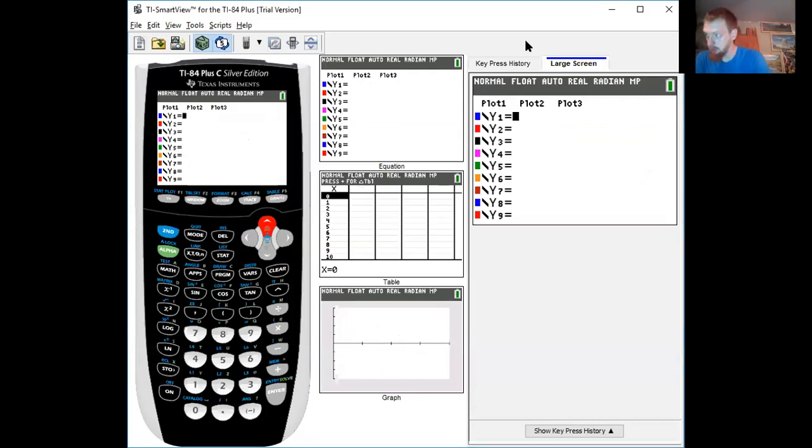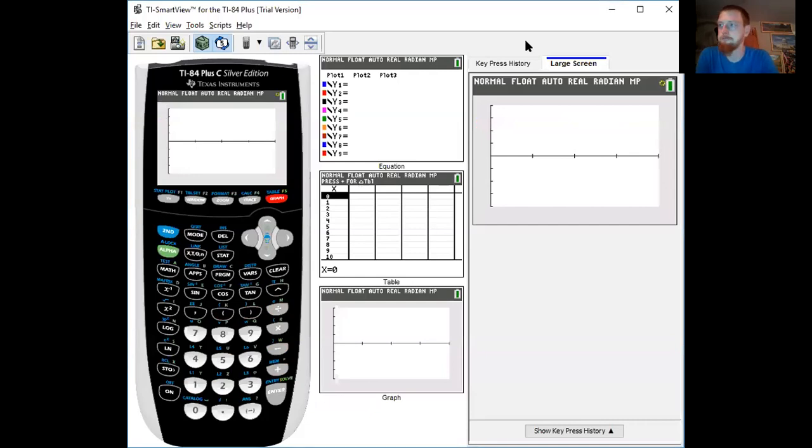So let's see, I'm going to put in the first one that we did: 4 times the cosine of 2 pi over 12 times x minus 2, and then plus 5. Let's take a peek at the graph.